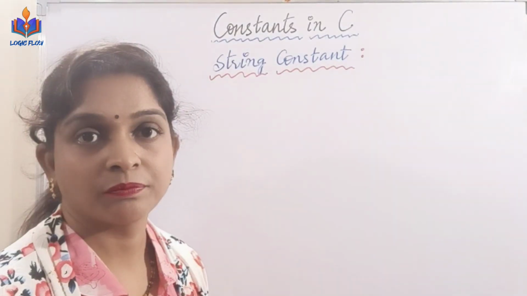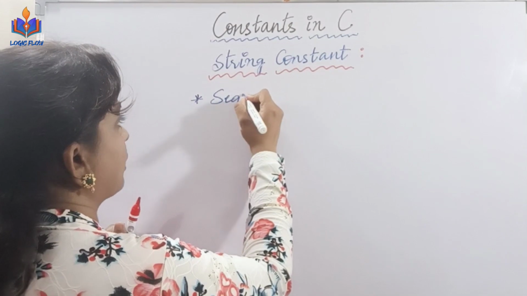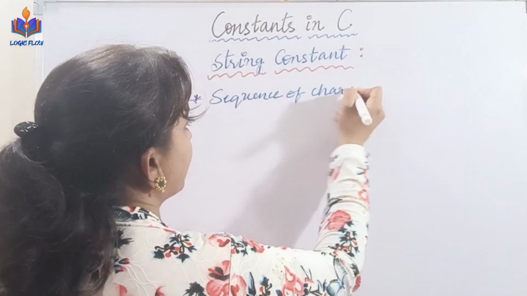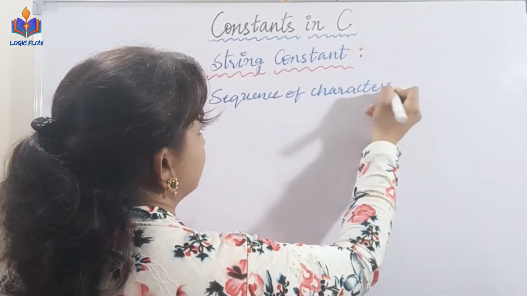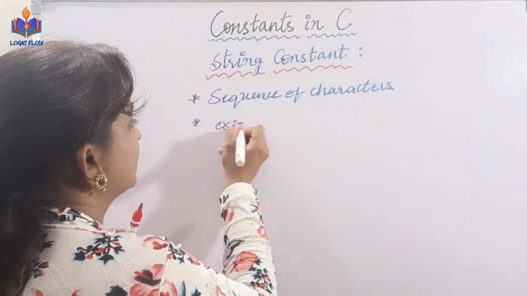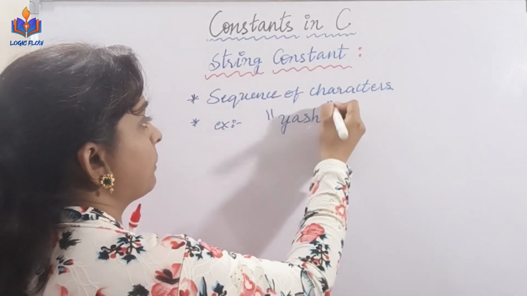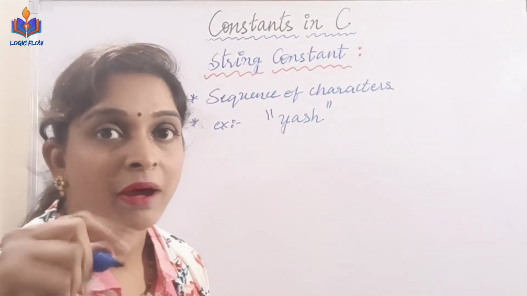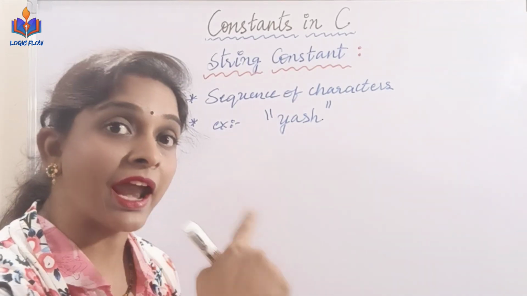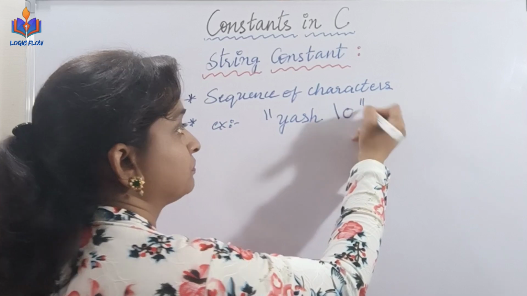String constant. String constants are nothing but a sequence of characters which are enclosed in double quotes. Say for example, "yes", I need to enclose this in double quotes. By default, the compiler is going to add a special character at the end of this, which is the null character.